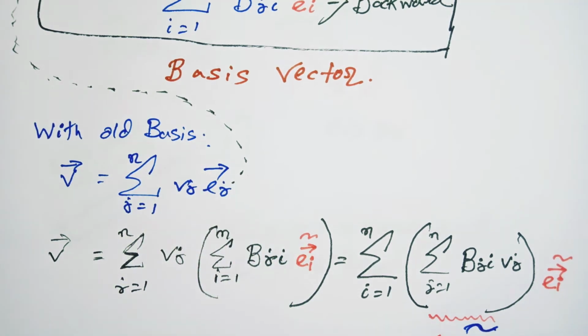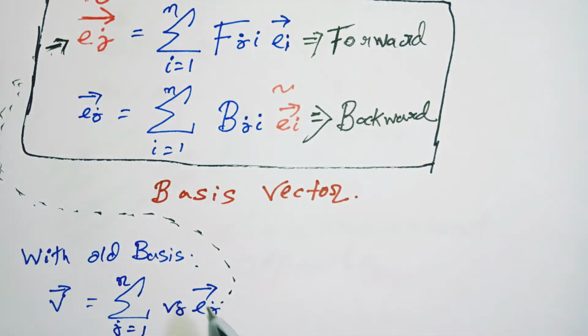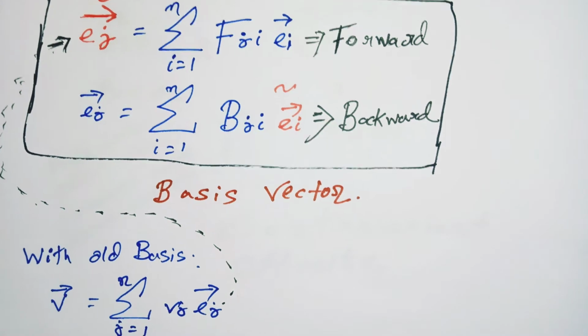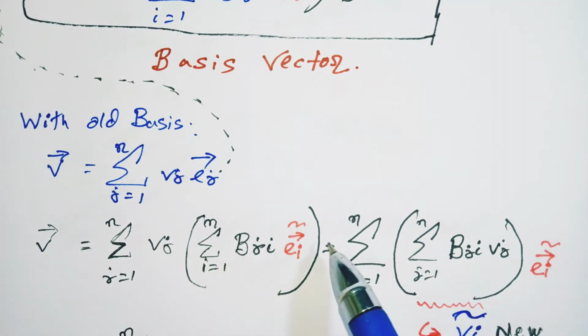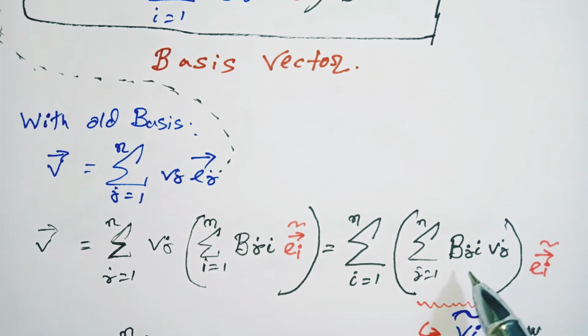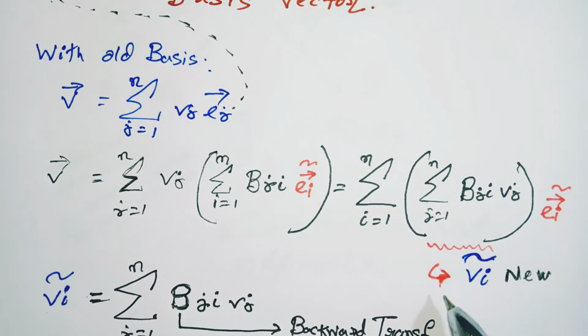Now this e_j is also over here, right? So I can substitute this e_j over here, and I get the summation over j equals 1 of v_j, and after further calculation we get B_ji v_j. Now what is this B_ji v_j? It is the new component, which I denoted as v_i tilde.